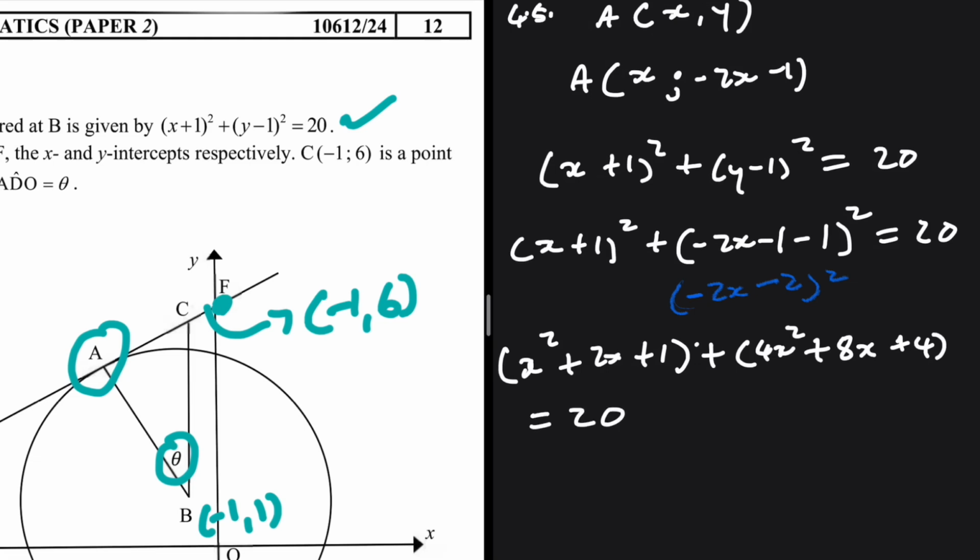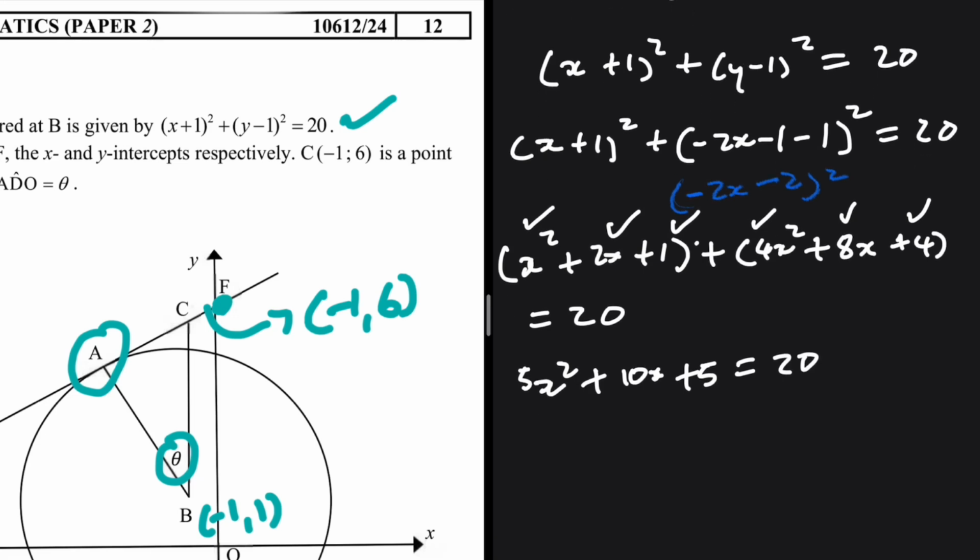So let's add the like terms. x squared plus 4x squared is 5x squared. 2x plus 8x is 10x. Plus 1 plus 4 is 5, and this equals 20. So 5x squared plus 10x minus 15 equals 0.